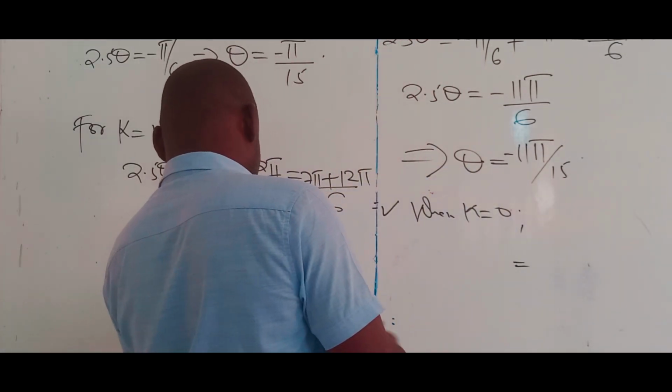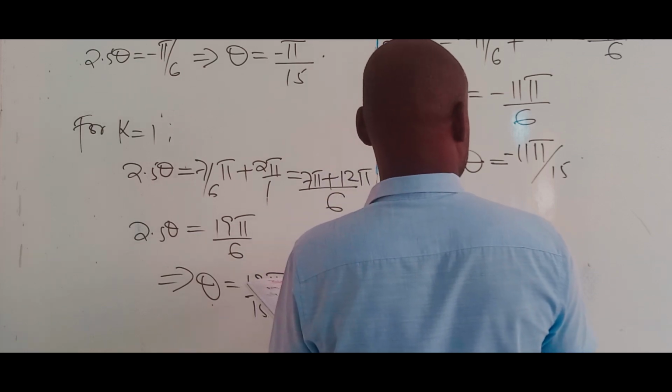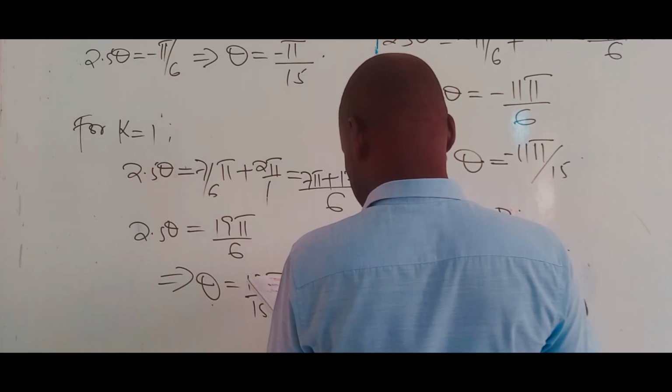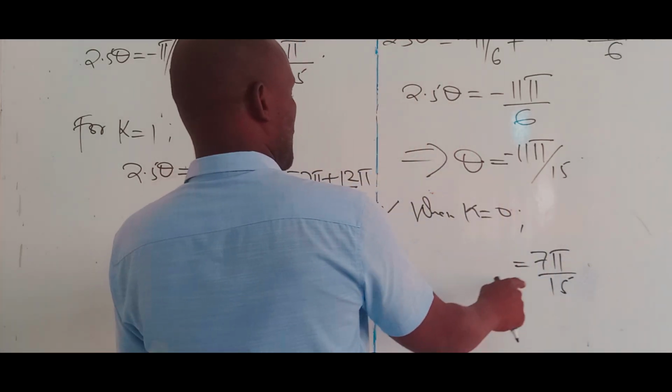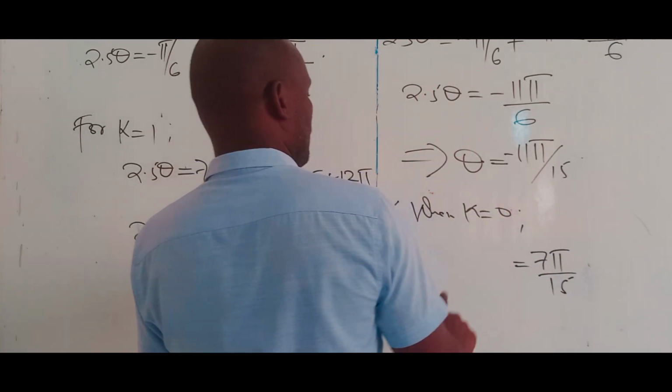But the one that complies is where we had 7 pi over 15 when k is 0.